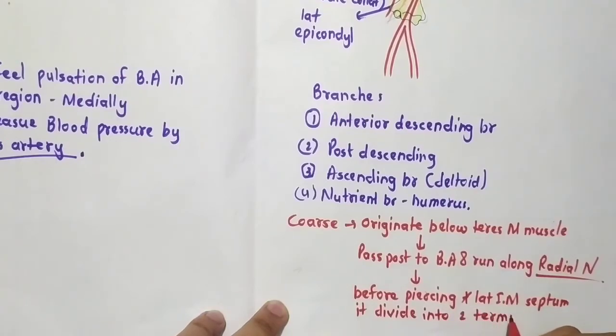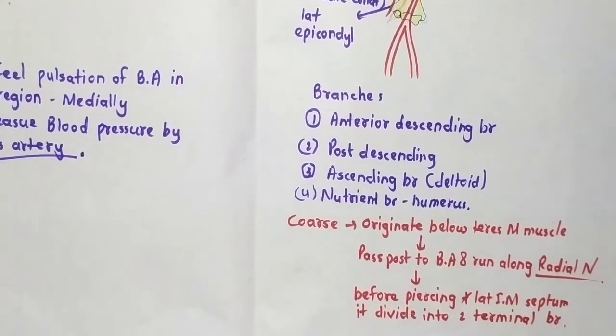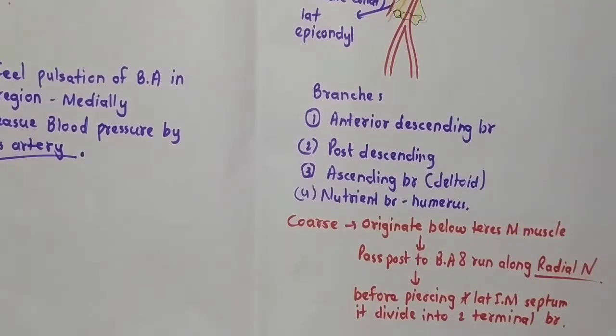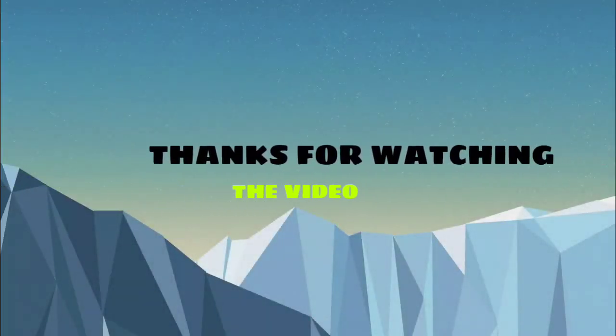Okay, two terminal branches, which are anterior descending and posterior descending branches, which take part in the anastomosis. Okay, so this is all about the profunda brachii artery. So this is all about the brachial artery.